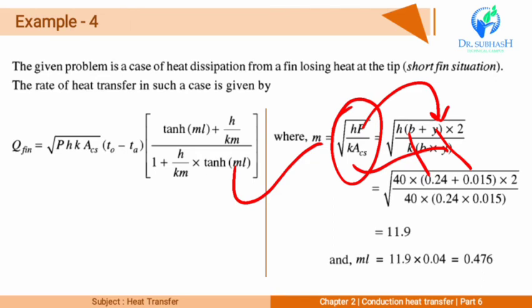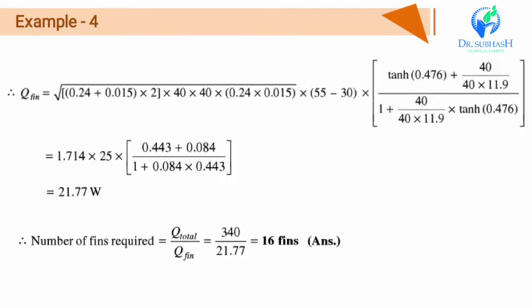By mathematical simplification, we get the value of m as 11.9. Again, multiplying by the length 0.04, we get ml equal to 0.476.